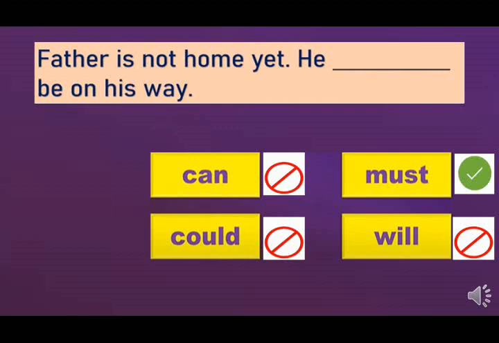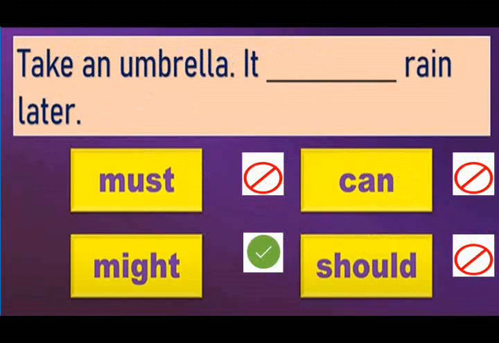So the answer is must. Take an umbrella. It might rain later. So as I said, if we use a small amount of possibility, the answer would be might, and all others are wrong.